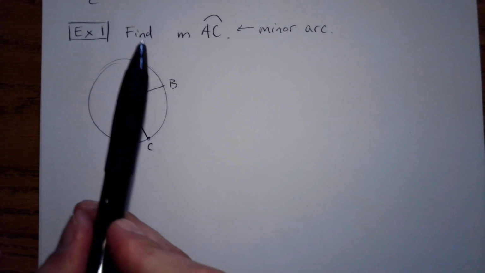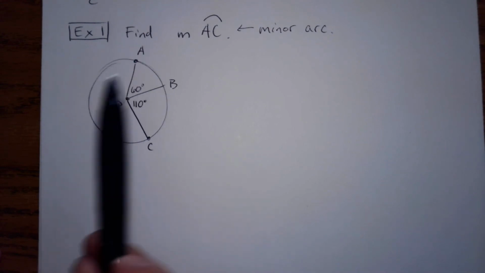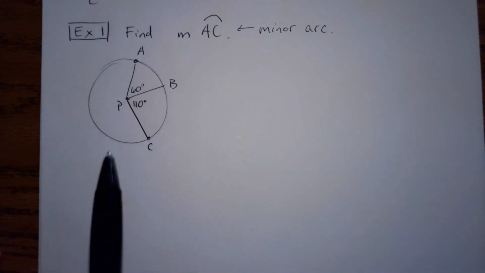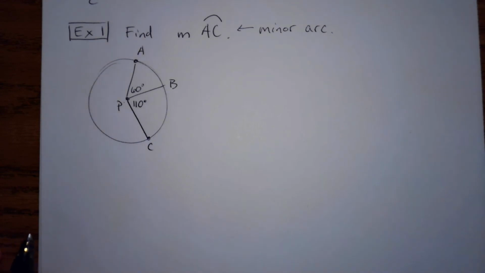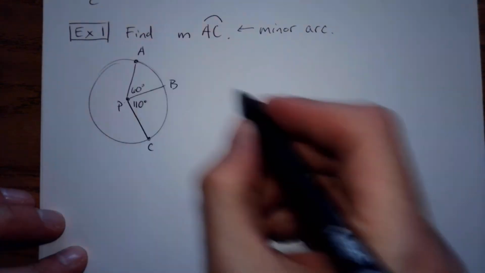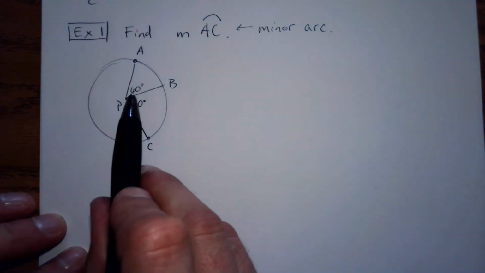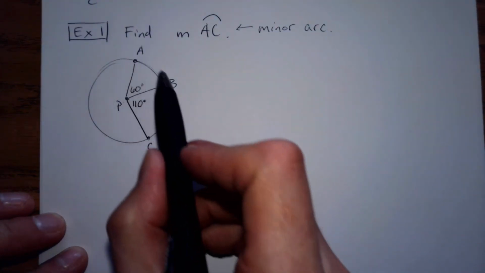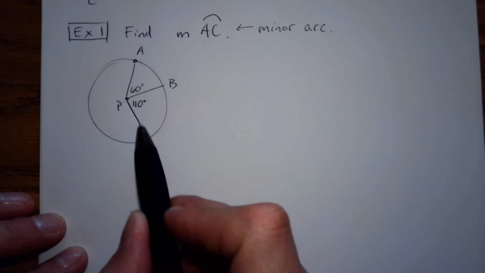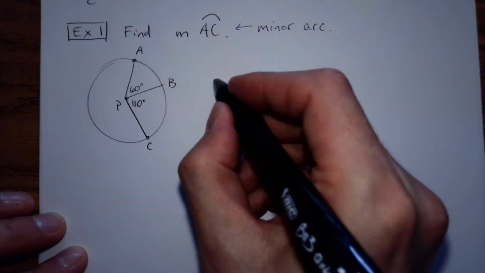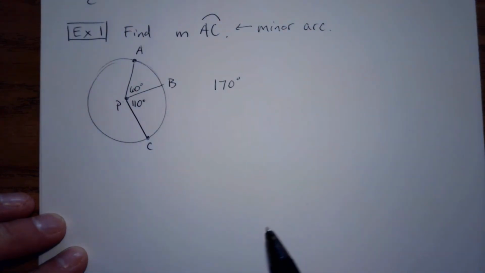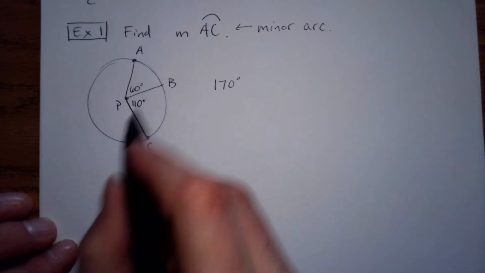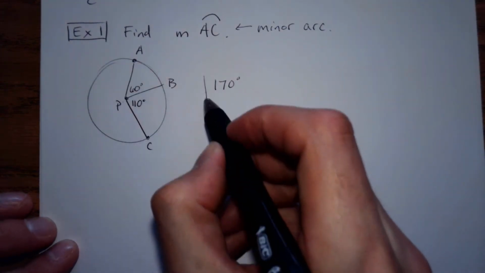If you want the longer way around, there would have to be a third letter. So the minor arc AC, find the measure. So yeah, if AC is the whole entire thing, then you're just adding those together. 170 is the measure of arc AC.